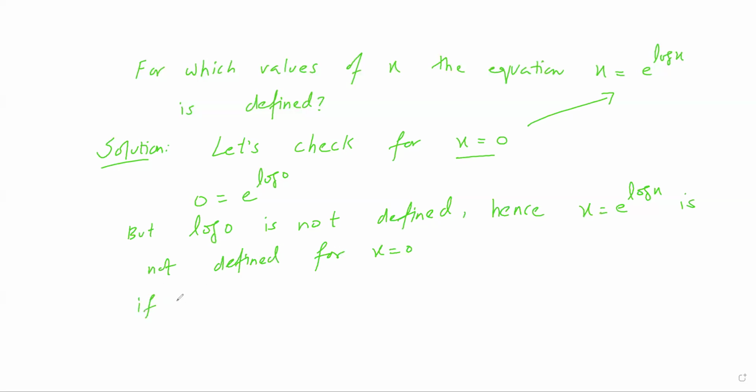Now, if x is less than 0, log of x is not defined. For negative x, log of x is not defined. If x is greater than 0, log of x is defined.